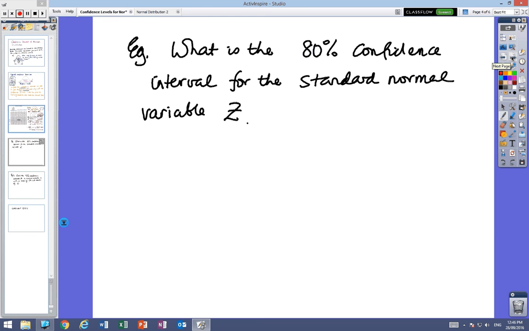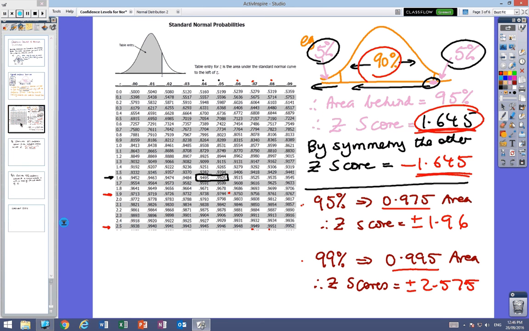In my first example, I've changed it, so I've got an 80% just to make it a little bit different. So I've got 80%, which means I've got 10% at each end. So looking in the table, we're looking for 0.9. The closest number to 0.9 is that one, so it's 1.28.